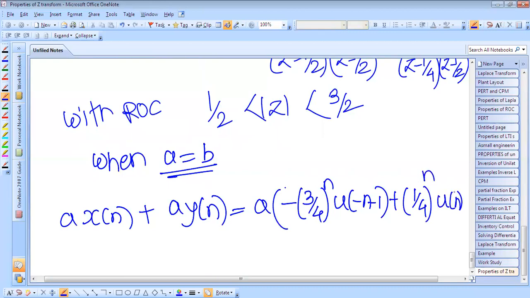Okay, if you multiply both by the factors, we see that the half raised to power n into u of n has been cancelled in the time domain. Then the ROC is easily verified now.